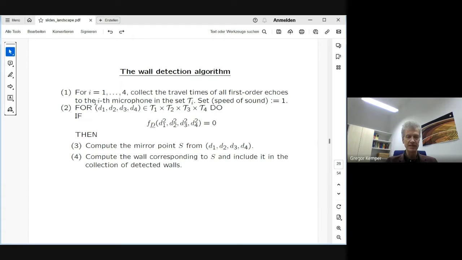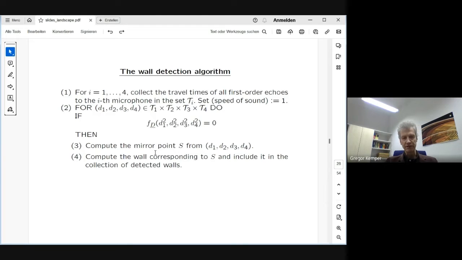And now step two is the echo matching. You just try all four-tuples, D1 through D4, combinations of echoes that you received. And for each of them, you test the Cayley-Menger relation. And if it holds, then you just assume that these received echoes actually come from the same wall.